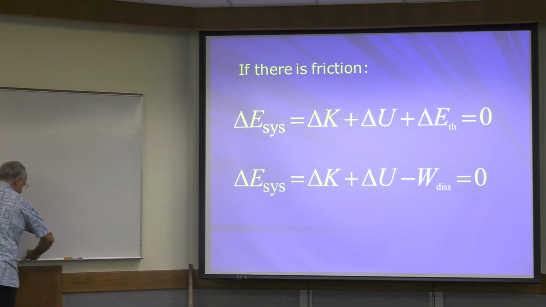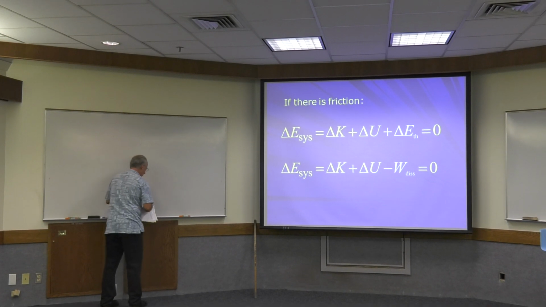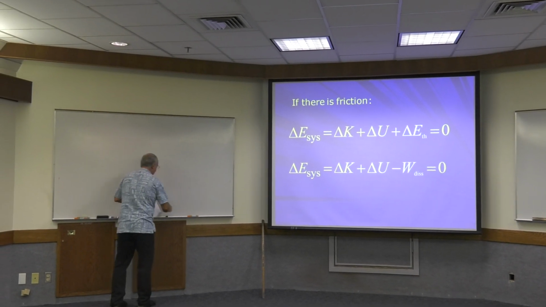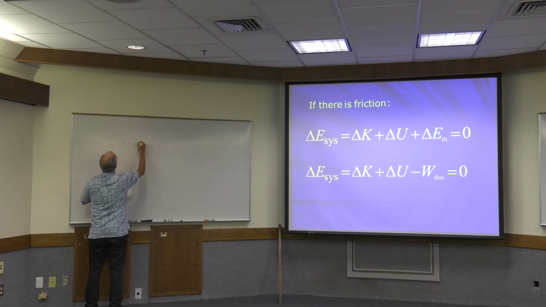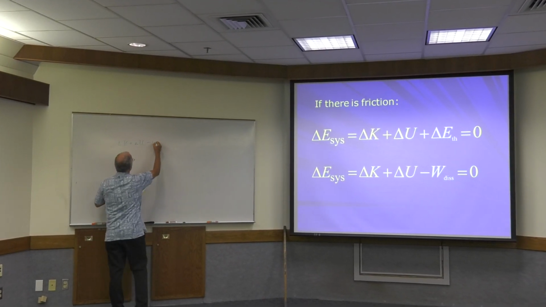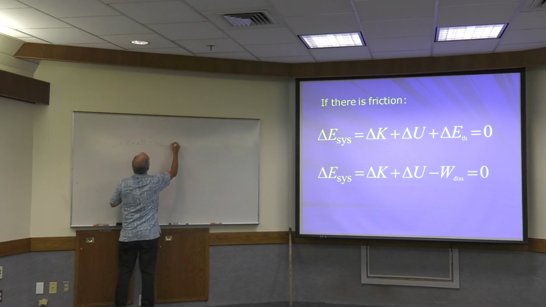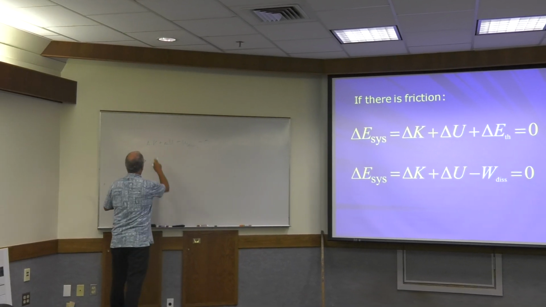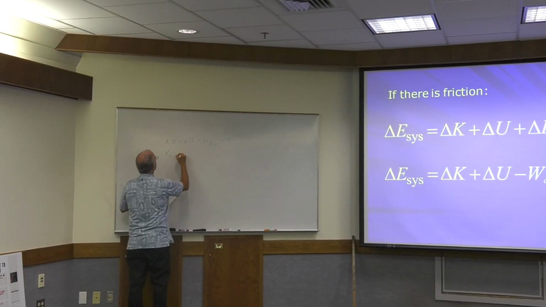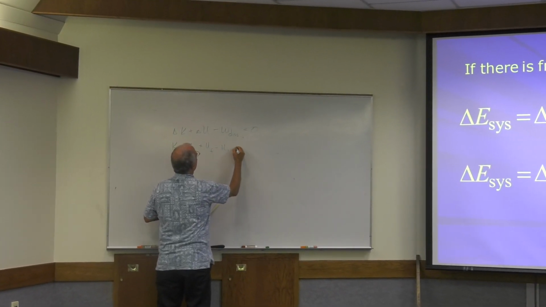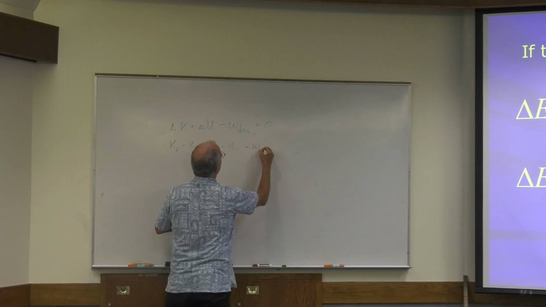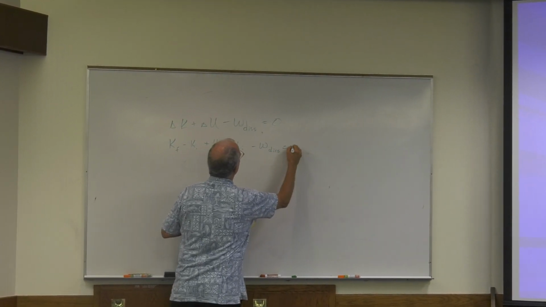It's very similar to what I did a few minutes ago. We have delta K plus delta U minus W dis equals 0. So that's K final minus K initial plus U final minus U initial minus W dis equals 0.